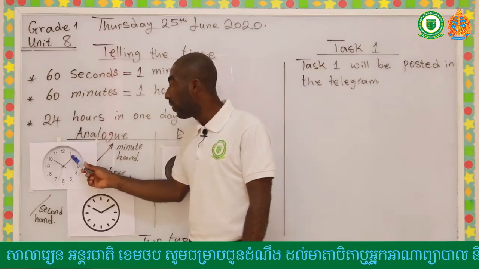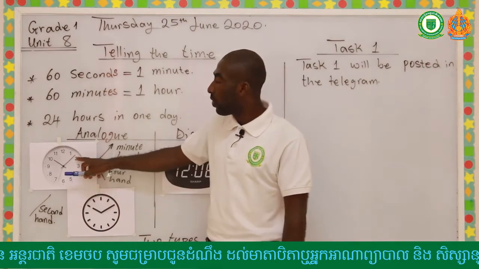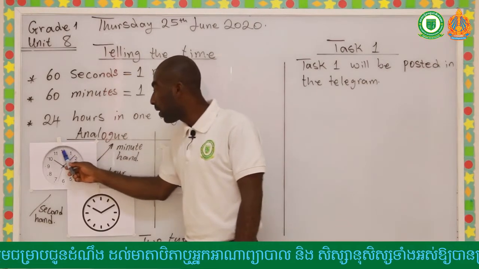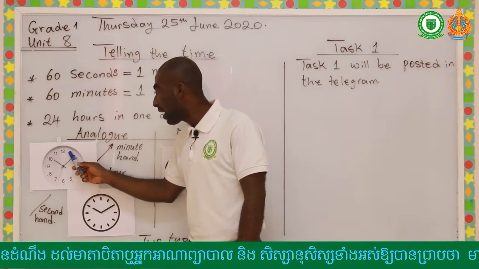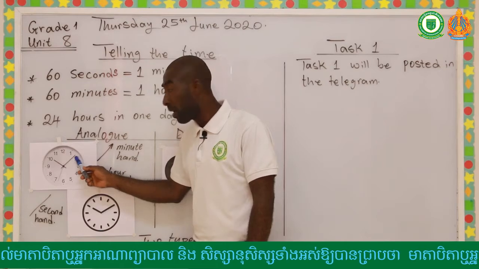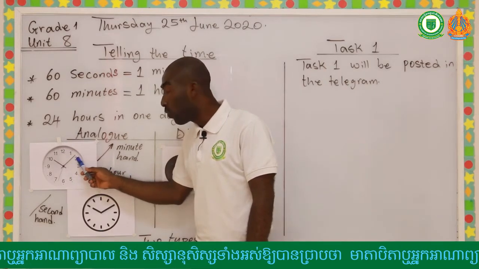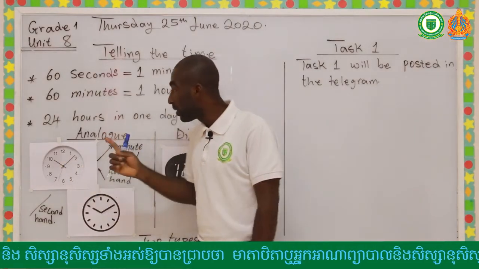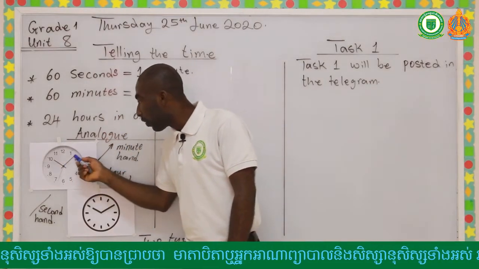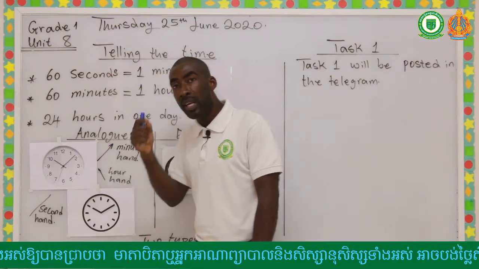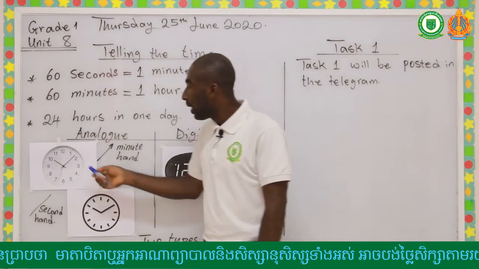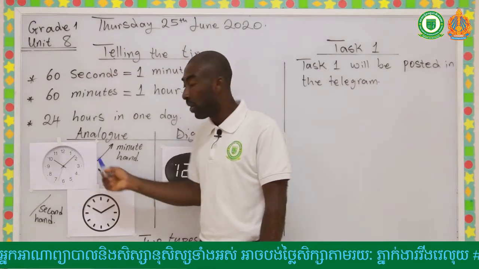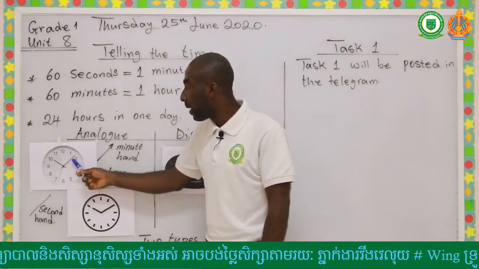Over here, the long one is on the 8th mark, because from here to here is 5, and here to here is also 5. So if your long hand, which is the minute hand, is on the tick of 8 count, it means your time is 10:08. So you write your time as 10:08.